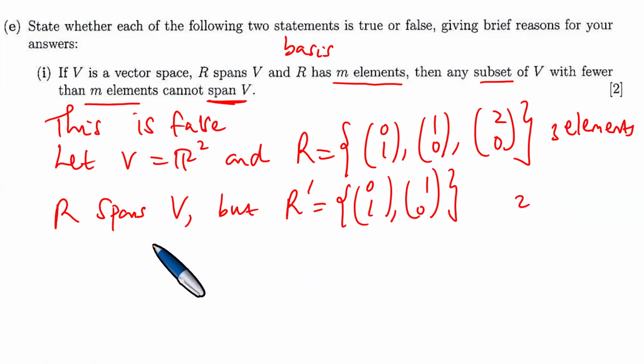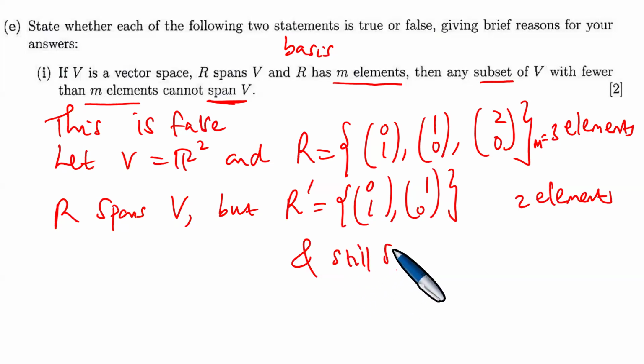So we take R to have 3 elements, and this is M. And then any subset of V with fewer than M elements cannot span V. So you can take this one, for instance, with 2 elements, and it still spans V.